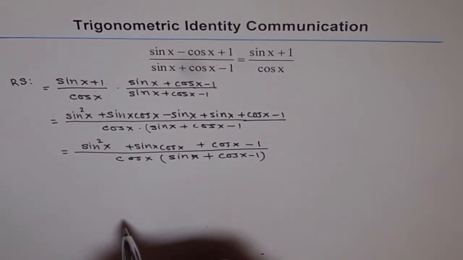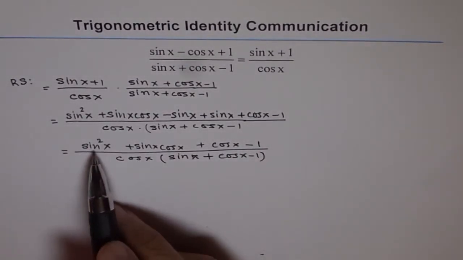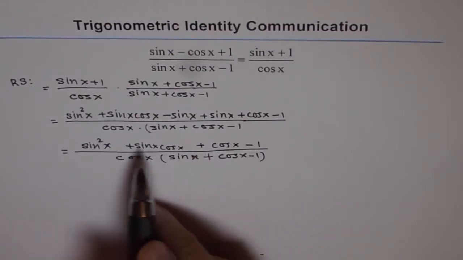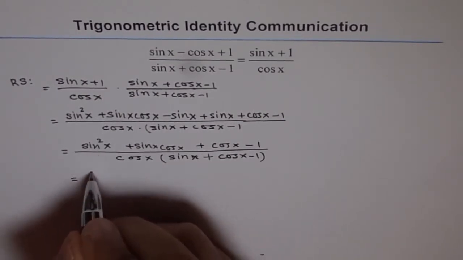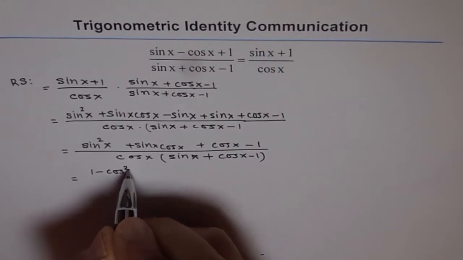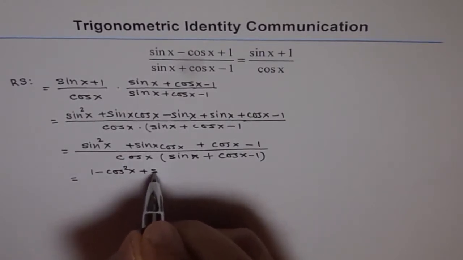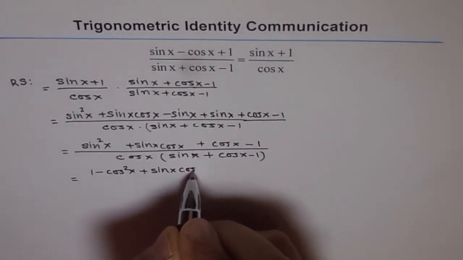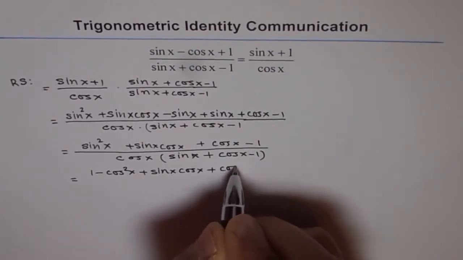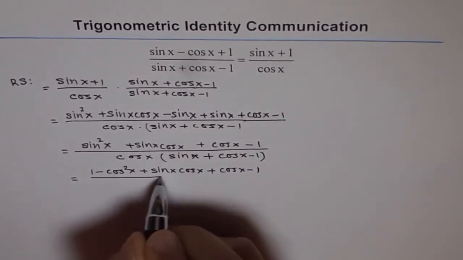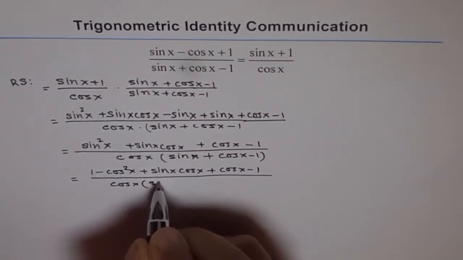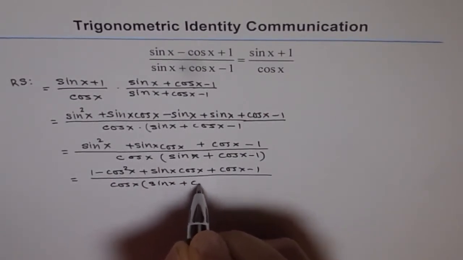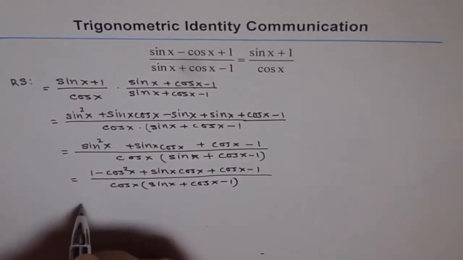Now sin square x can be written as 1 minus cos square x. Then we get cos x common here. So instead of sin square x, I'm writing 1 minus cos square x plus sin x cos x plus cos x minus 1, divided by cos x times (sin x plus cos x minus 1).